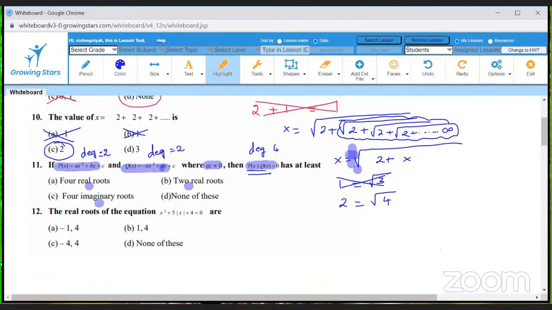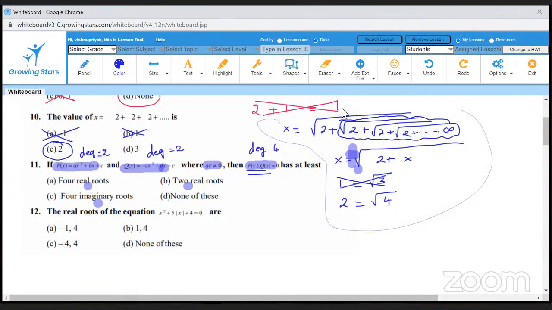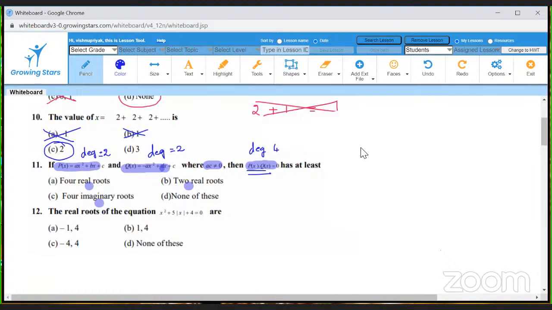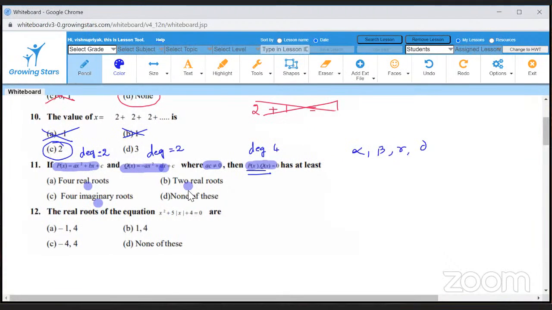So we have to start. How to start? We will start with an assumption. Let us take that all the 4 roots are imaginary. I will erase this top one. I will think there are 4 roots. What are they? Alpha, beta, gamma, delta.